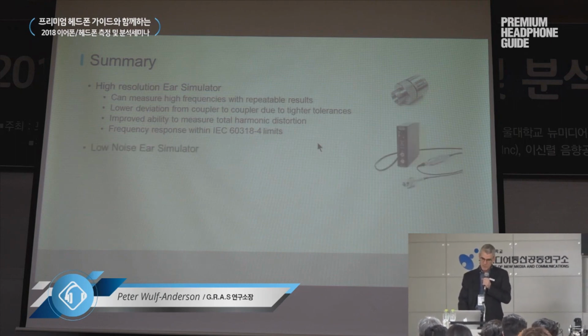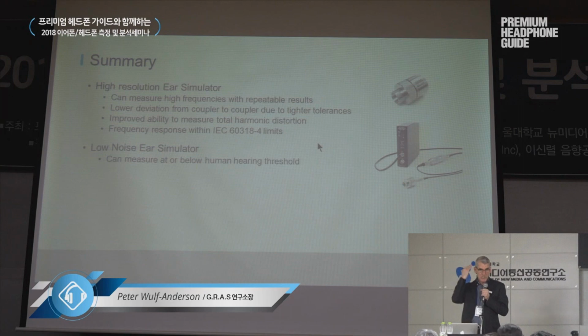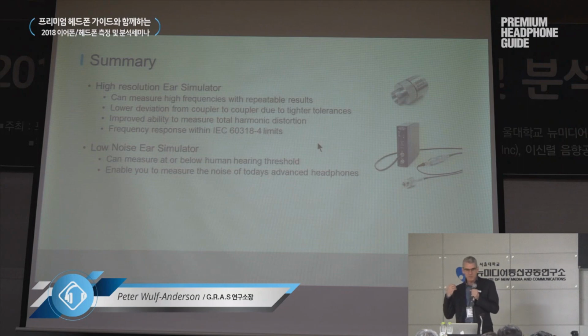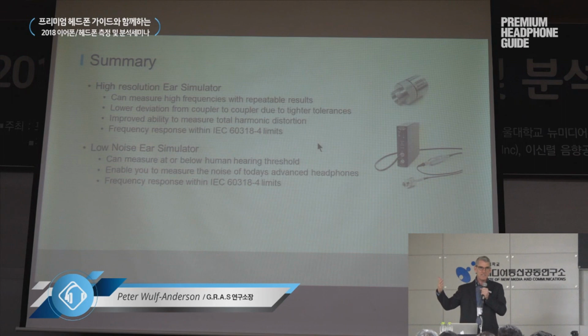With the low noise ear simulator, we can now measure down to the human hearing threshold. It enables us to measure the noise of today's, or modern, headphones. Again, frequency response up to 10 kilohertz is within the IEC specs, so again we managed to get backwards compatible results.